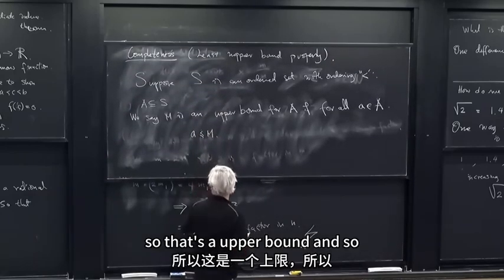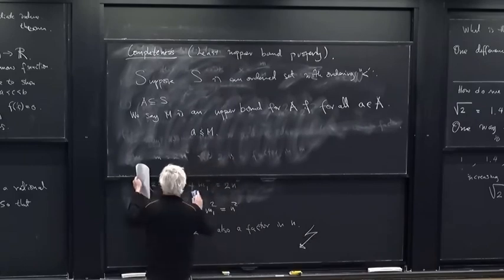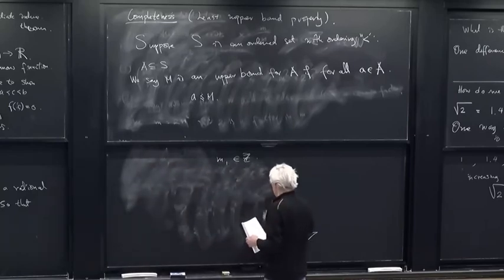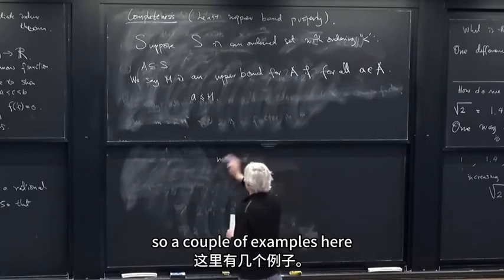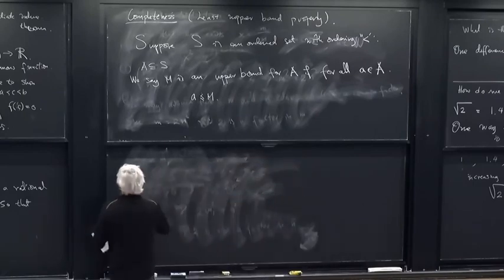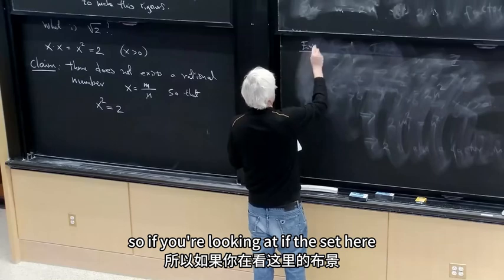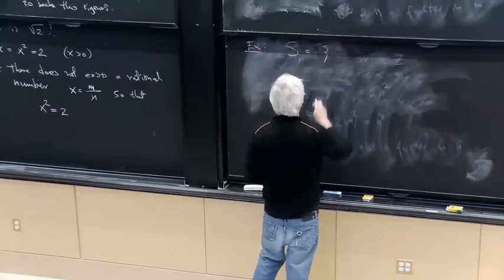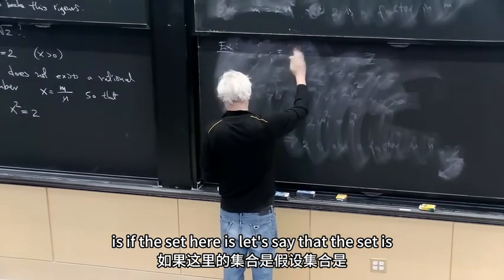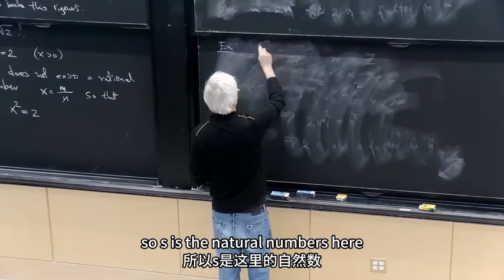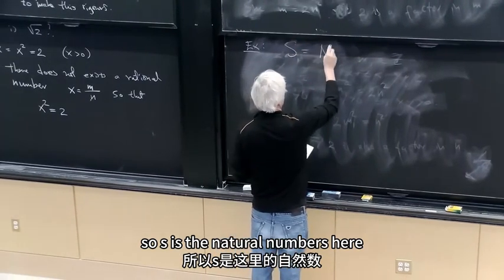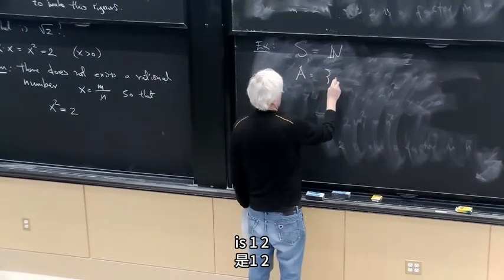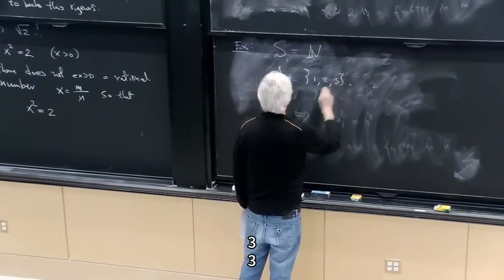So that's an upper bound, and if you look at a couple of examples, let's say that S is the natural numbers and the subset A is 1, 2, 3.